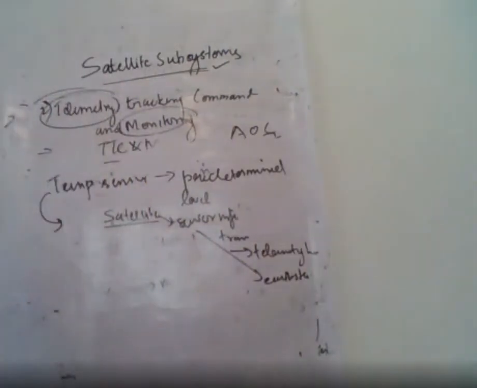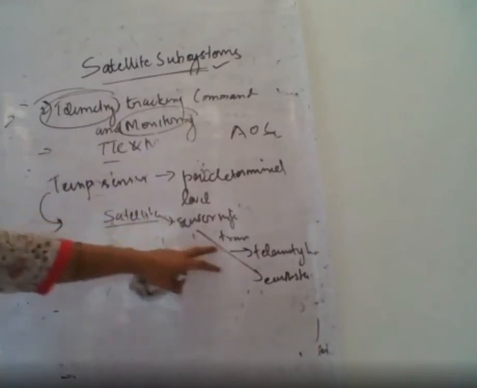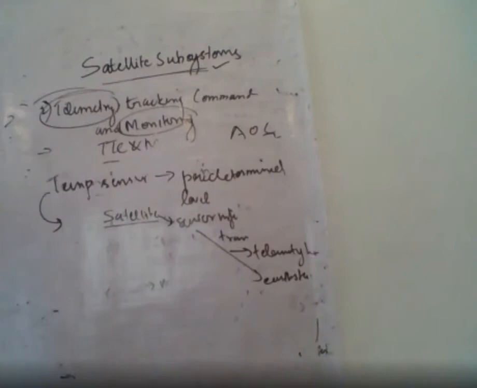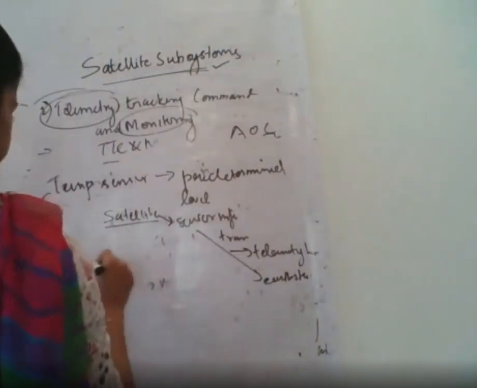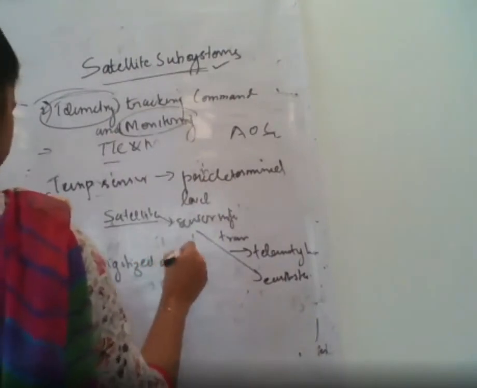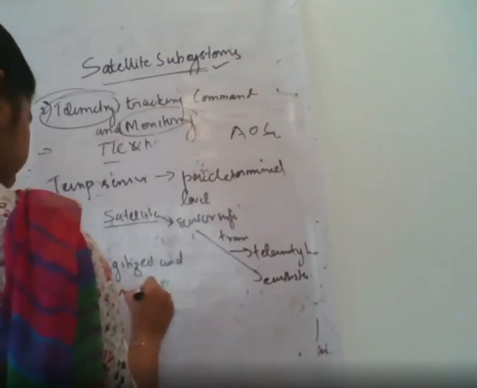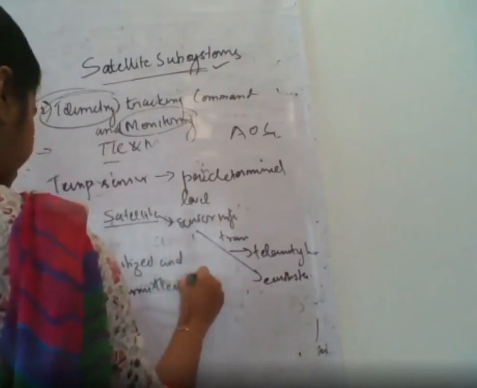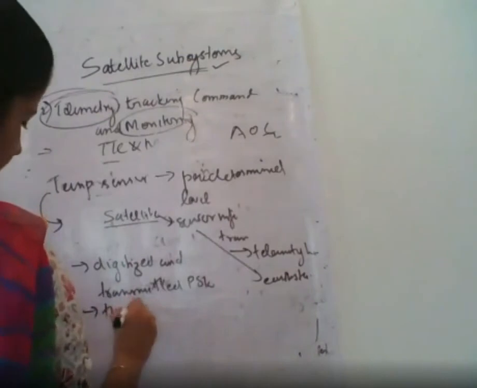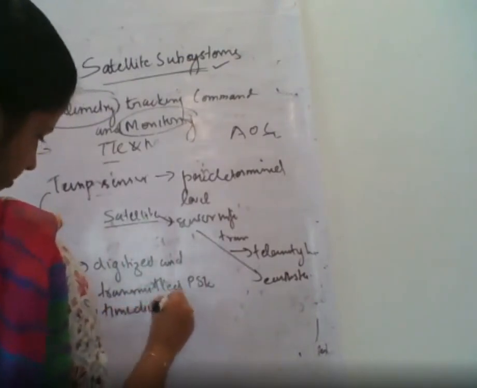The telemetric link is usually used for transmitting information about the satellite to the Earth station. Telemetric data are usually digitized and transmitted as PSK, phase shift keying, using a time division technique.